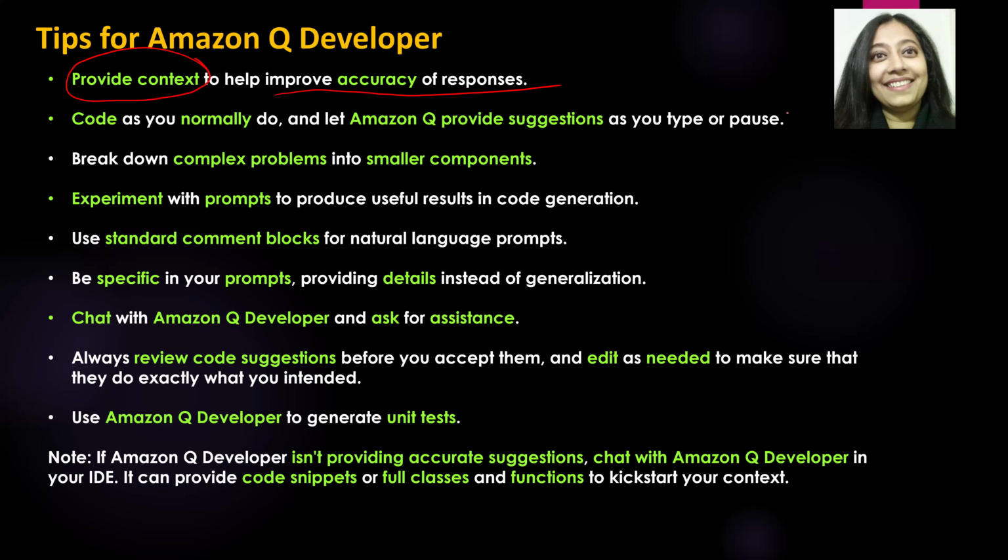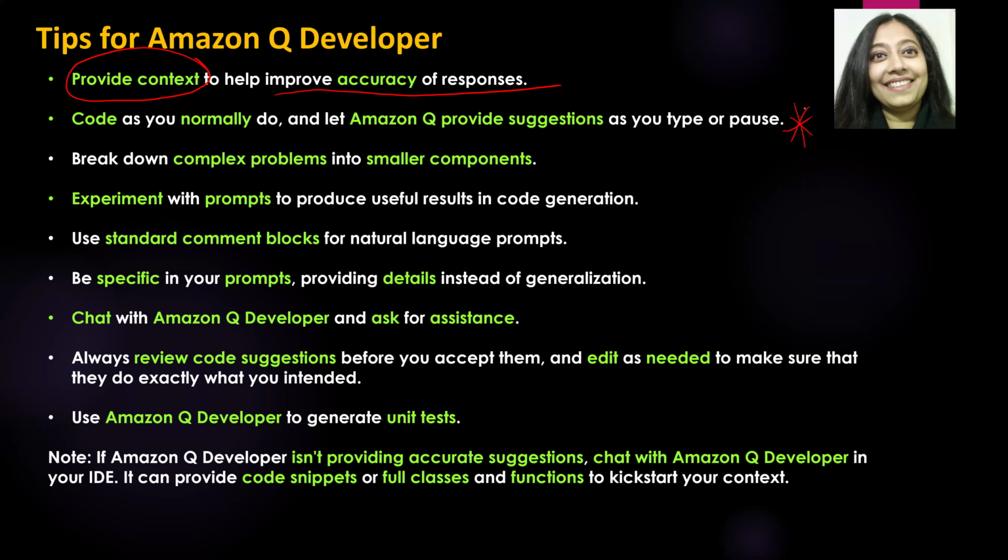Now, this is absolutely important. Remember, Amazon Q Developer is a coding assistant. Okay, it's an AI tool. It's a coding assistant, but you are still the coder or the developer. You are still the driver. It is not an autonomous coding tool or anything of that sort. You are still the driver. You still have to code.